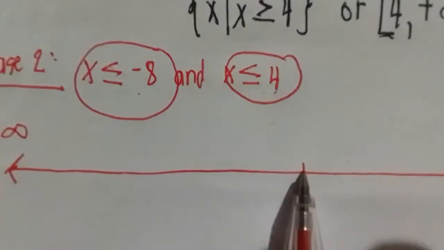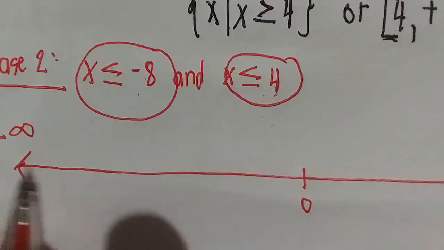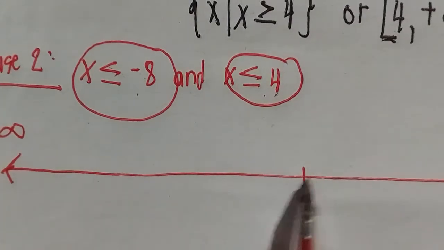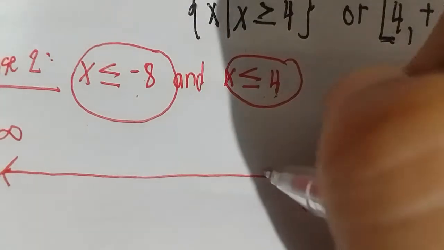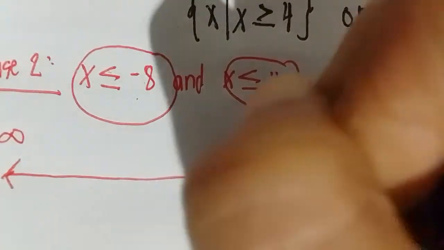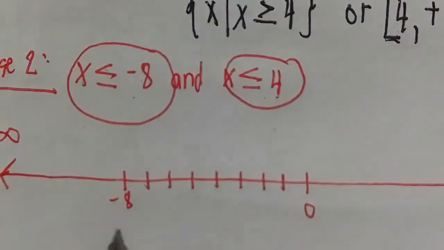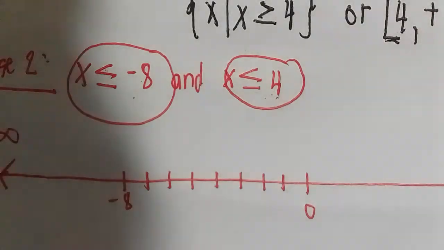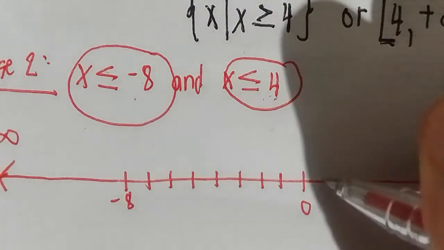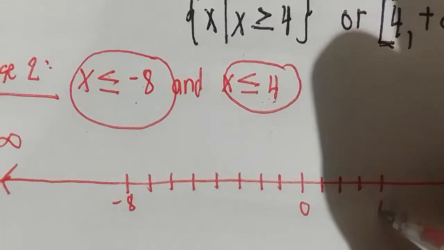Negative 8, i-locate or ibutang nato sa left side of the number line, kay ang negative values naa sa left side. So, we have negative 1, negative 2, negative 3, negative 4, negative 5, negative 6, negative 7, negative 8. So, present na si negative 8. Ari na punta sa positive 4 to the right of the number line, to the positive infinity. So, we have 1, 2, 3, 4.